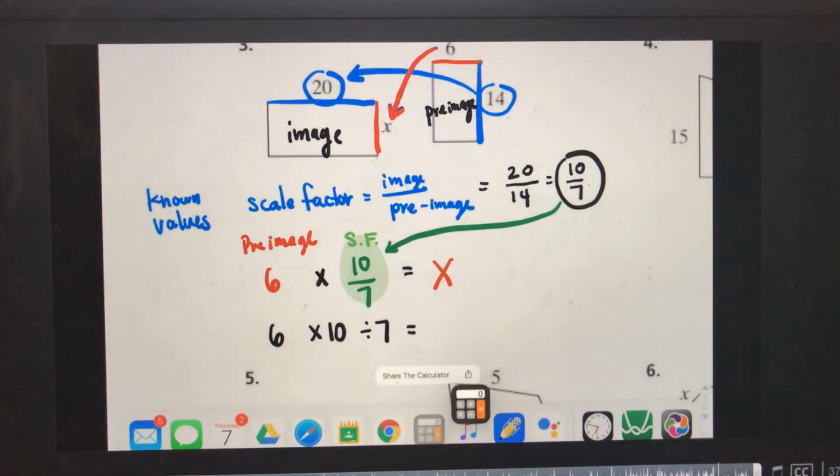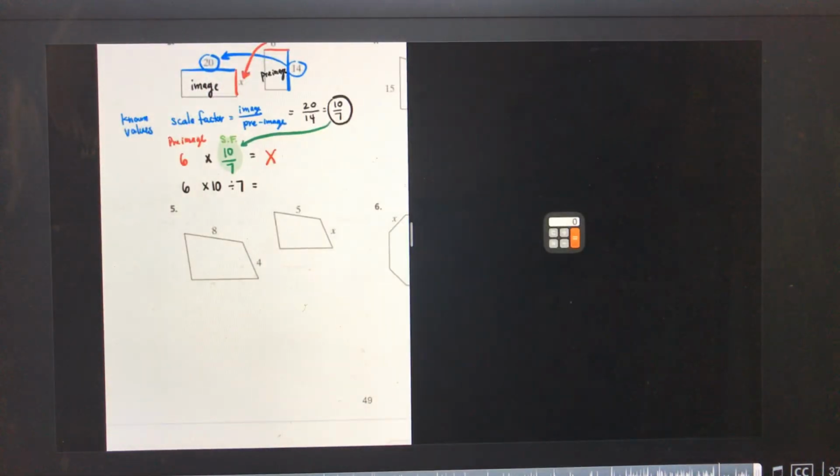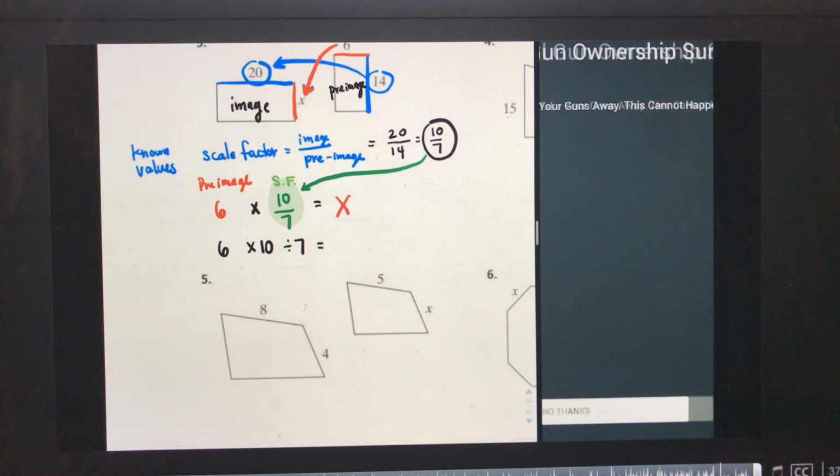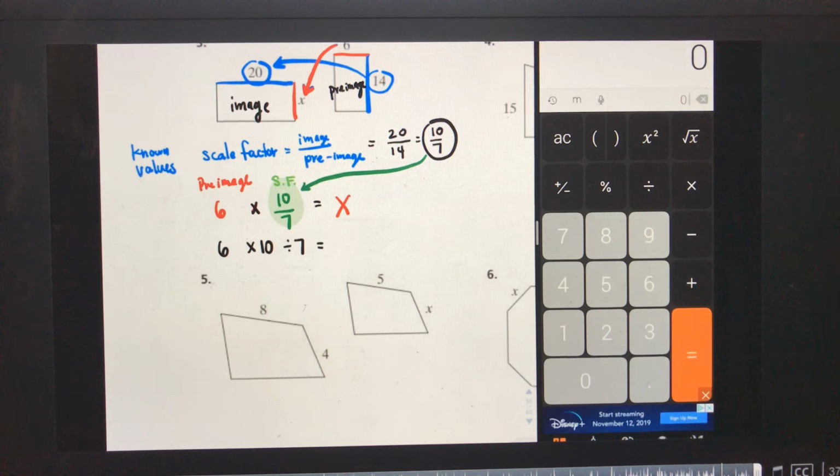I don't know that off the top of my head. So 6 times 10 divided by 7. What you notice is right here, okay, right here is exactly what we wrote down here.